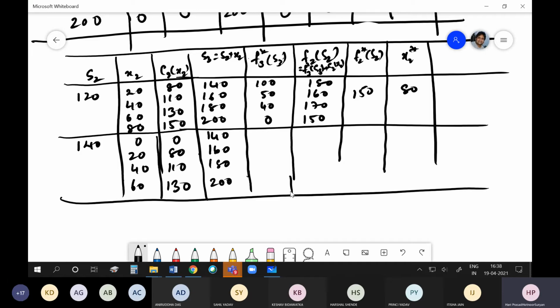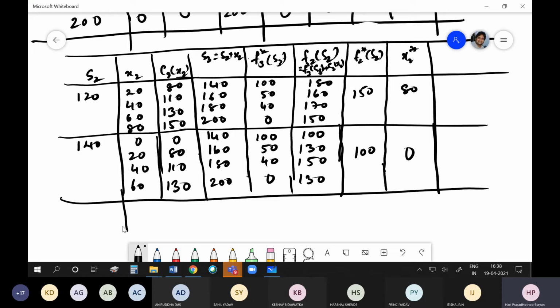The corresponding values are 100, 50, 40 and 0. Okay, corresponding values here 100, 130, 150, 130 and the minimum is 100. So minimum is 100, so X2 is 0. Okay, and what else we have?